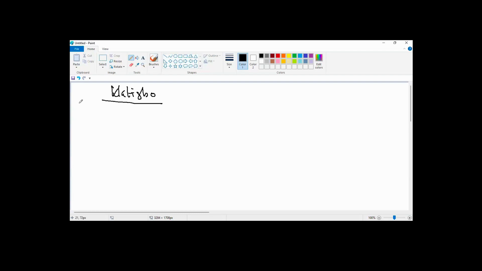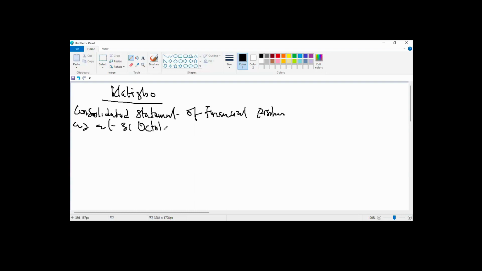Consolidated statements of financial position as at 31st October 2000.